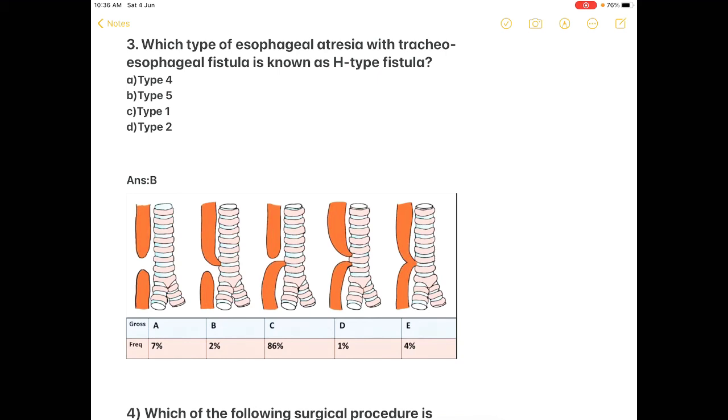And type E, which is also type 5, the upper and lower parts of the esophagus are connected to each other and again connected to the trachea, which is similar to the letter H. That's why it's called an H-type fistula. So the correct answer here is B.